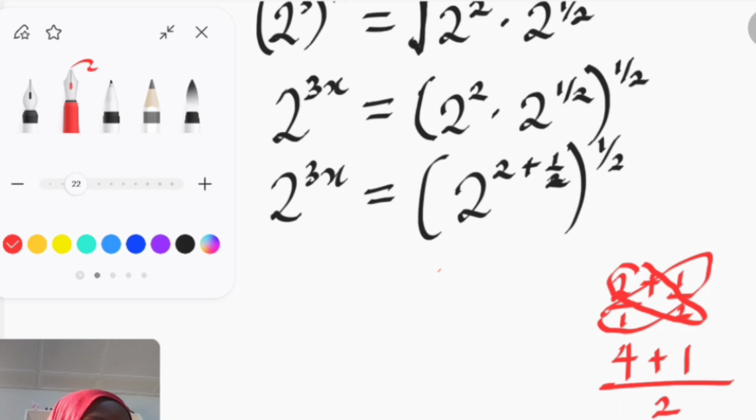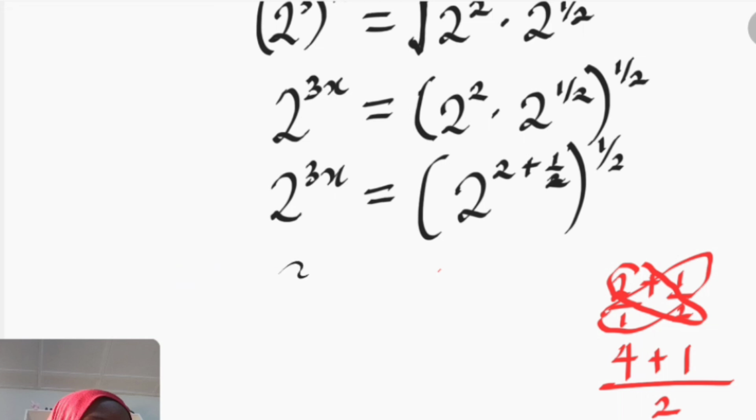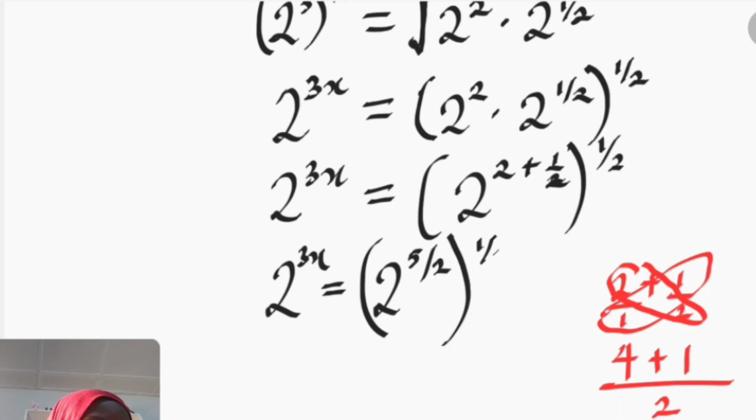We're going to substitute back. Now this becomes 2 to the power of 3x is equal to 2 to the power of 5 over 2, all to the power of 1 over 2, right? So we have 2 to the power of 3x is equal to 2 to the power of 5 over 2 multiplied by 1 over 2.